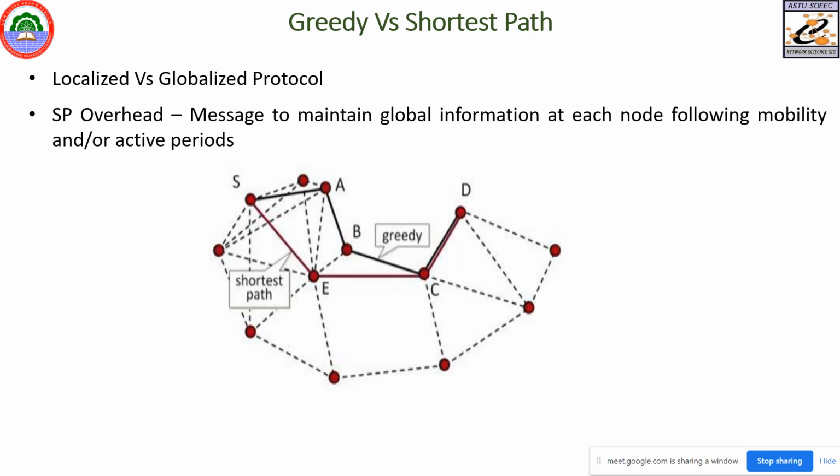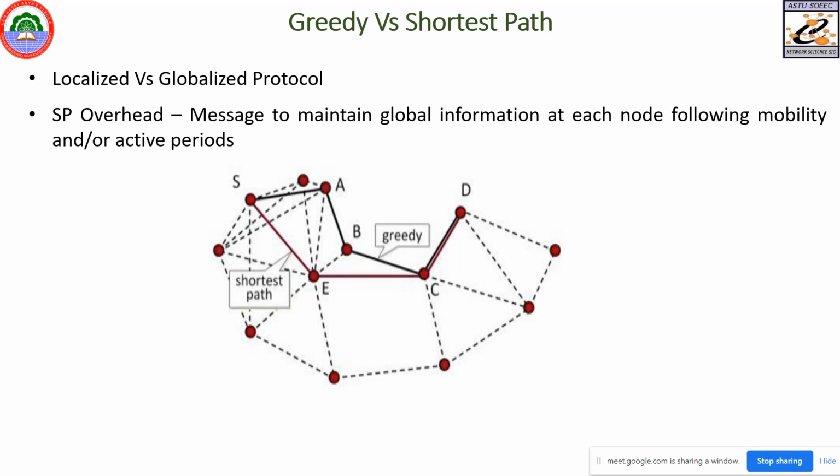If we compare, which is optimized with the least number of hops? In this image, S, E, C and D is the path with the least number of hops. So this shortest path optimized algorithm can be adopted for routing between source and destination.